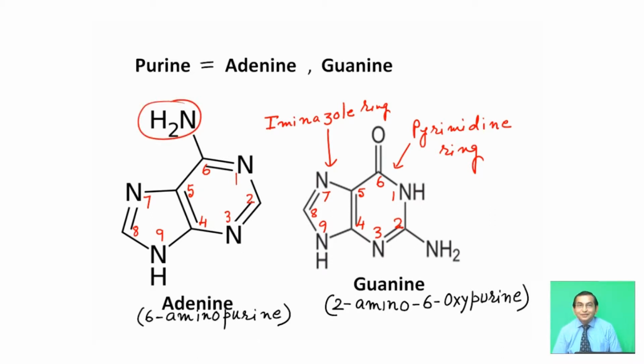On the other hand, guanine is a 2-amino, that is in the 2 position one amino group, and 6-oxypurine, that is one keto group is there on the 6th position.